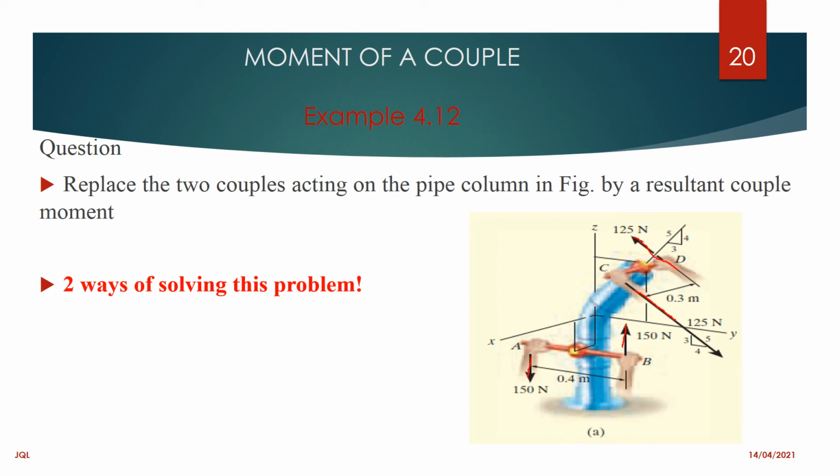Take note that the pipe is at an angle where we have that triangle showing us 3, 4, 5.